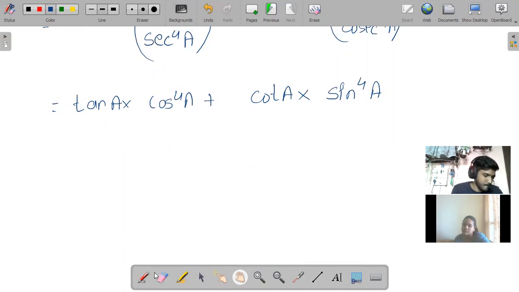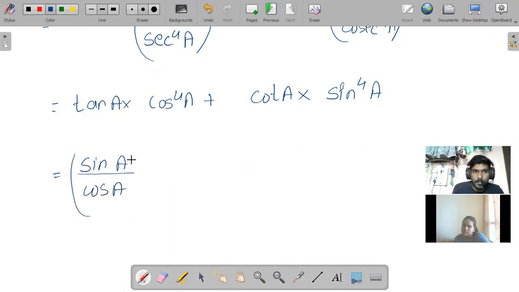Now this tan here, I'll write it as sine upon cos. So this becomes sine A upon cos A, into this cos raised to 4A as it is. Plus, what to write this cot as?